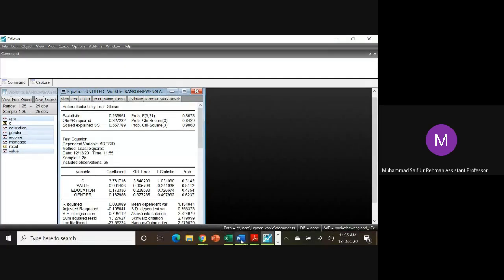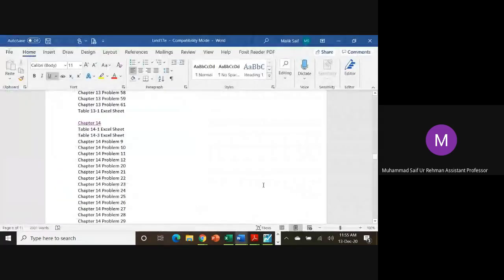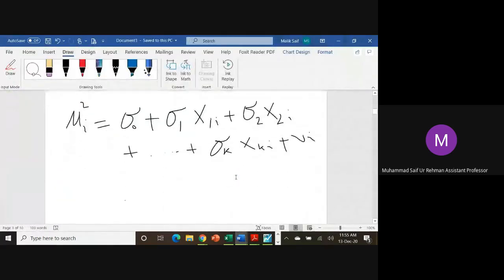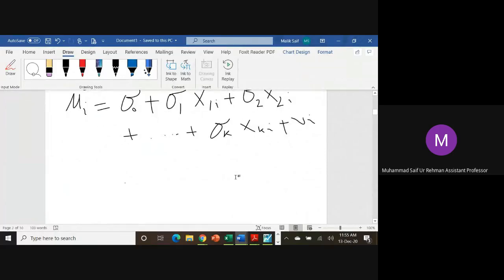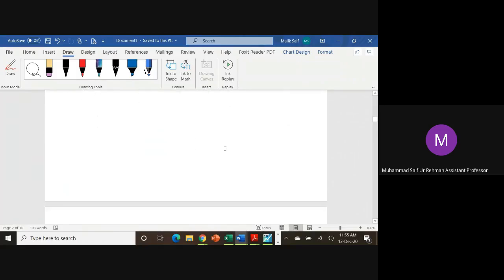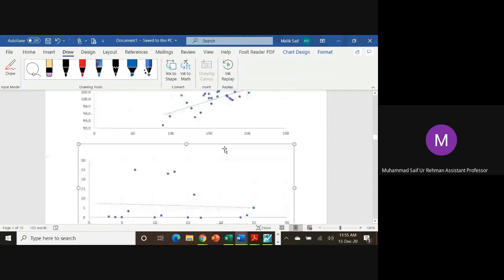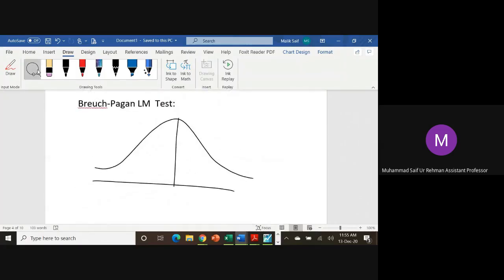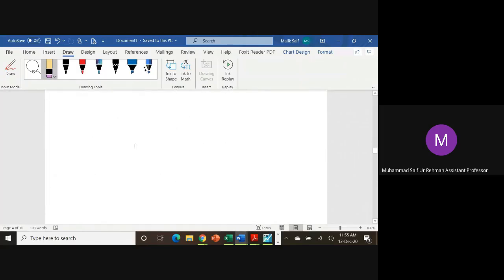So now finally, I just want to write down the equations for different tests. This was the equation when I was taking into account the Breusch-Pagan test. But if there is the Glejser test, if I come down, I think I gave some space where I wrote this was the Breusch-Pagan.